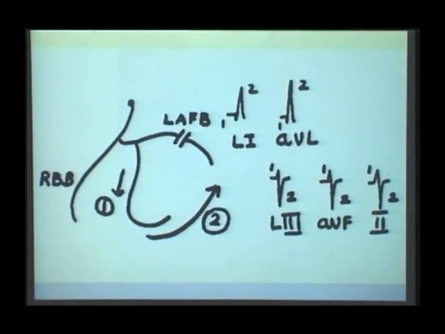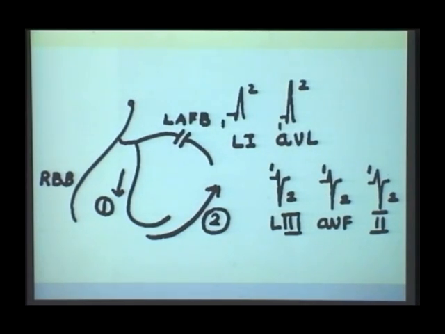So let us see what will happen when there is a left anterior fascicular block. Now the left anterior fascicle is blocked here. So the initial activation front is not going through this. The initial activation front will be normally happening through the left posterior fascicle, which is down and right.